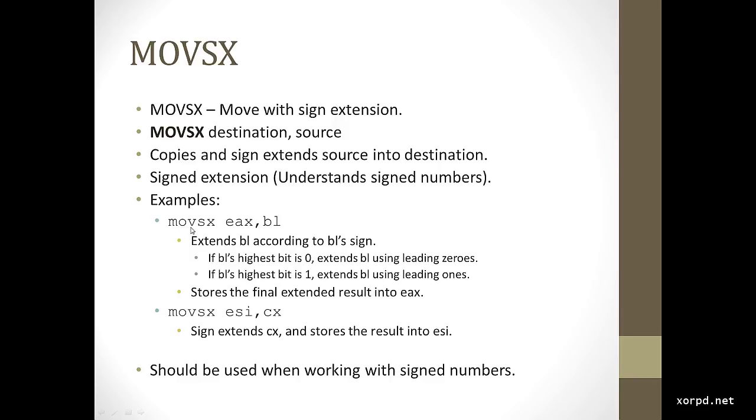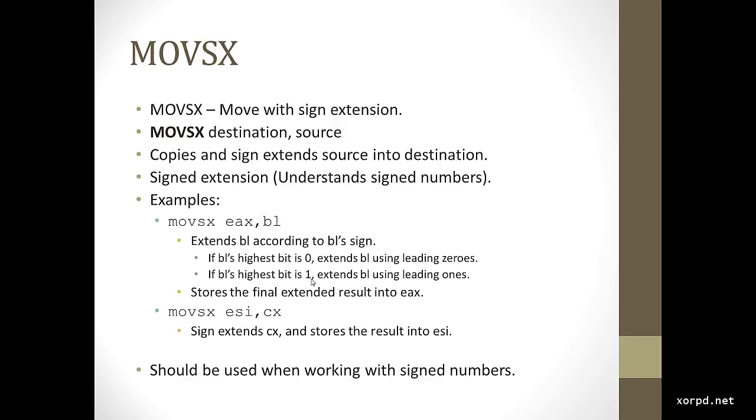Let's look at this. Move sign extension EAX, BL. This instruction extends BL according to BL's sign. If BL's highest bit is 0, then the instruction extends BL using leading zeros. If BL's highest bit is 1, then the instruction extends BL using leading ones.